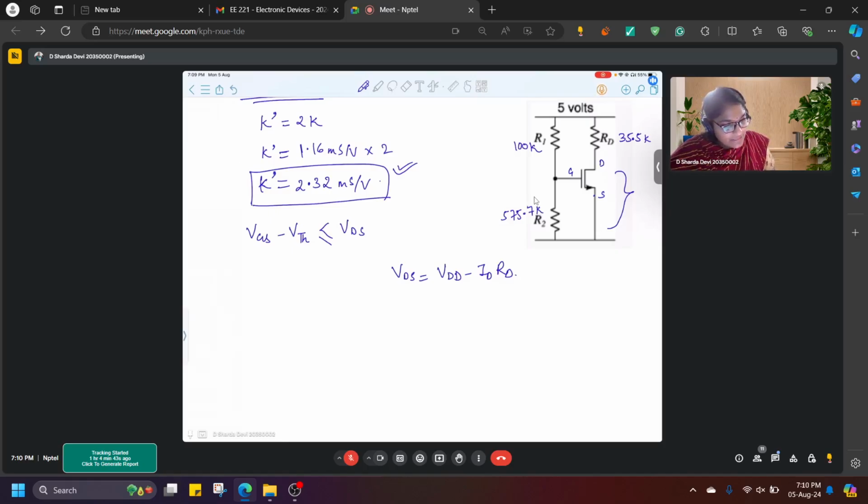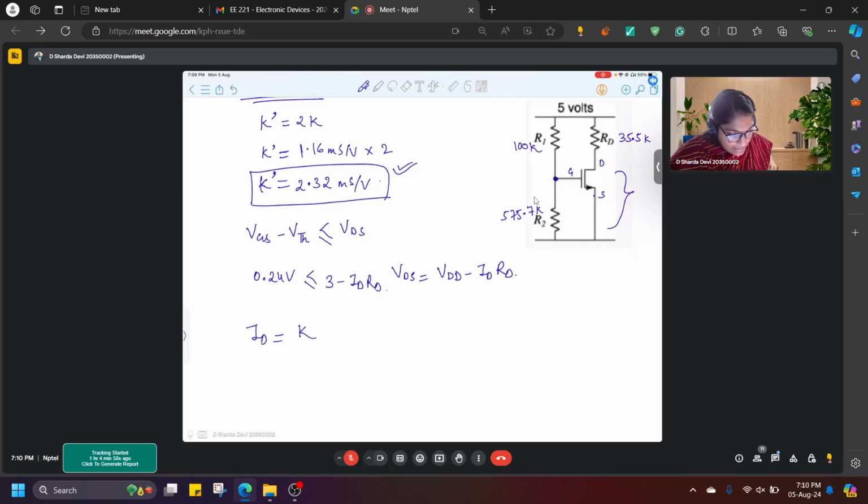VGS minus VT we already found out, it was 0.24 volts, which should be less than or equal to VDD minus ID RD. What is the value of ID?